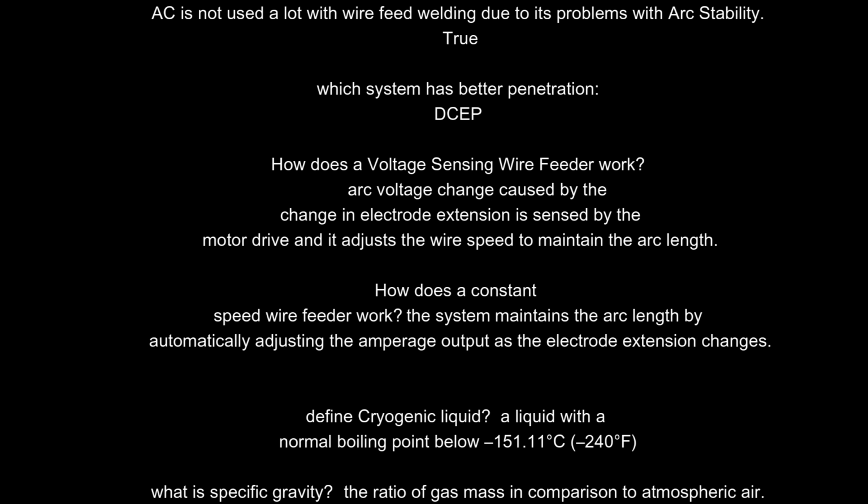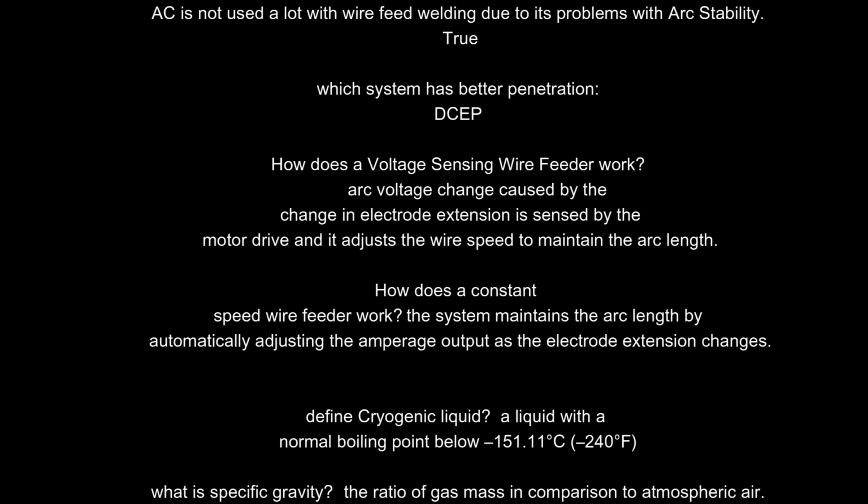AC is not used a lot with wire feed welding due to its problems with arc stability. True. Which system has better penetration? DCP. How does a voltage sensing wire feeder work?